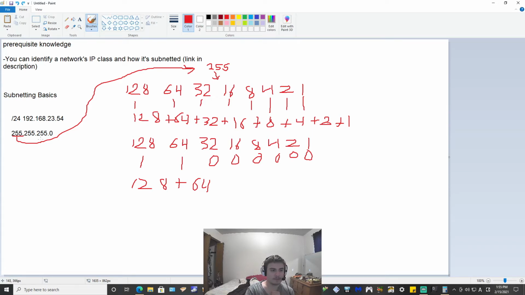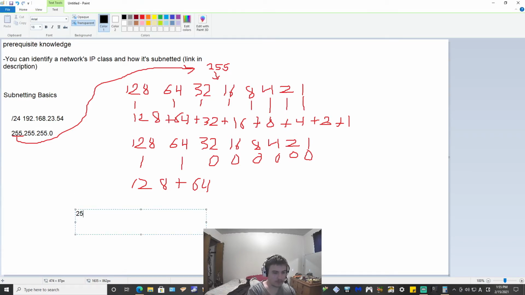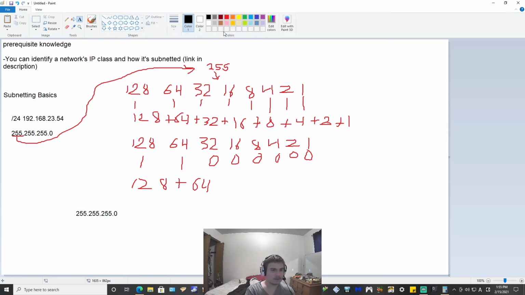So this subnet mask is a /24 because, think about it, there's 8 bits here, right? So if you have 255.255.255.0, let's count how many bits are actually in this, because remember there's 8 bits per octet.